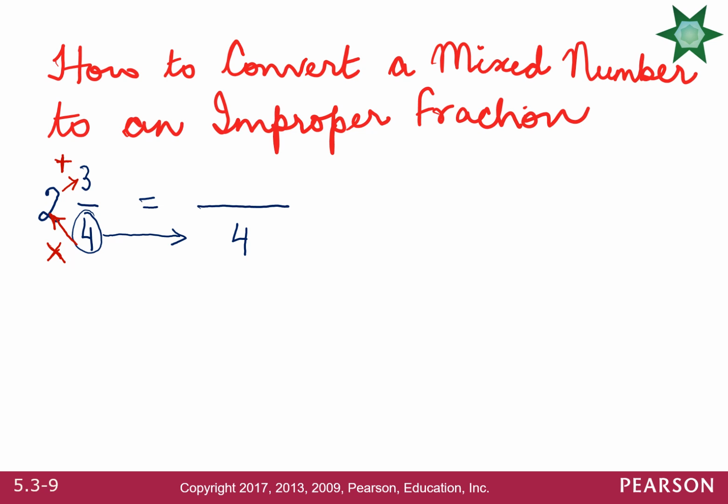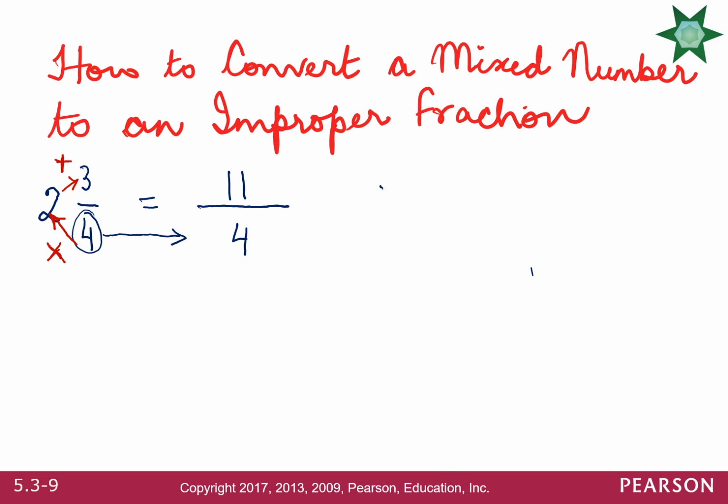So 4 times 2 is 8, and 8 plus 3 is 11, and that's the value I'm going to put in the numerator. So 2 3/4 when converted to an improper fraction gives us 11/4.